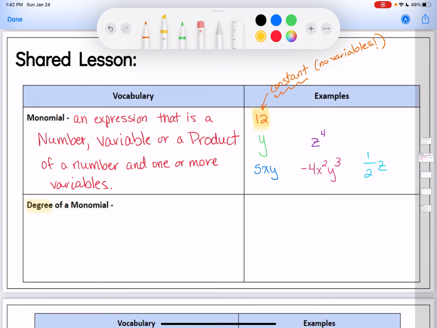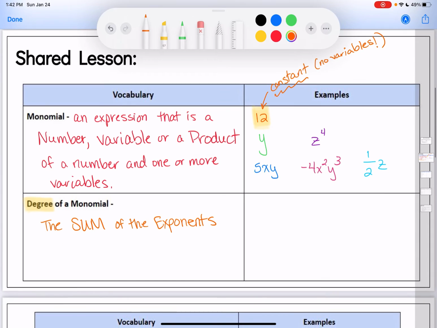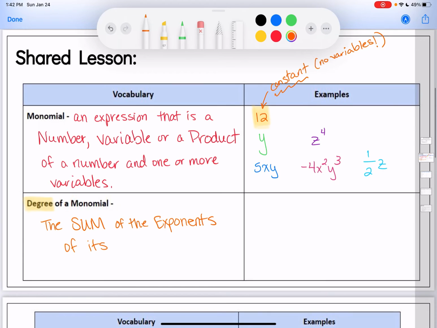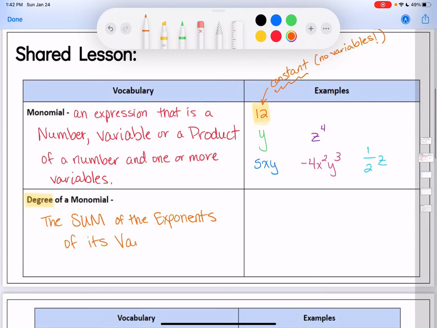So degree is a big one here. The degree of a monomial is the sum of the exponents of its variables.